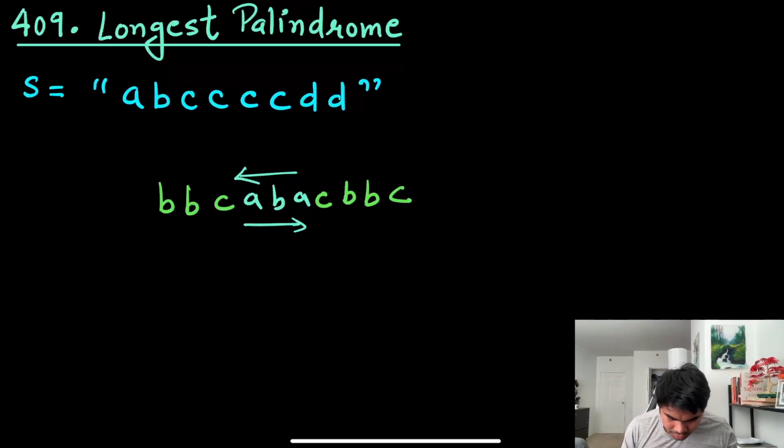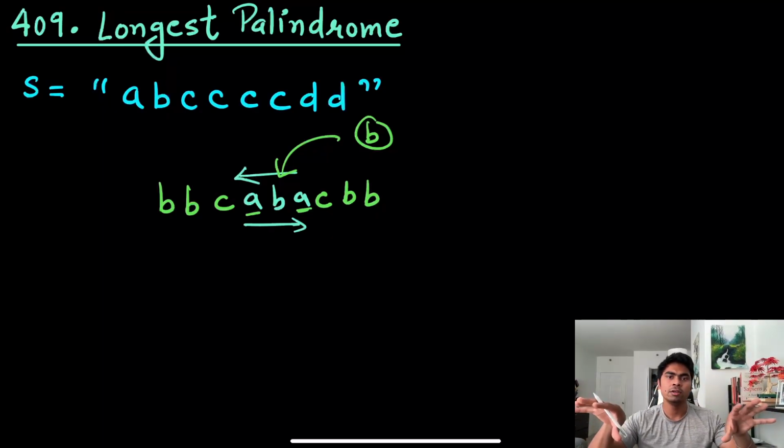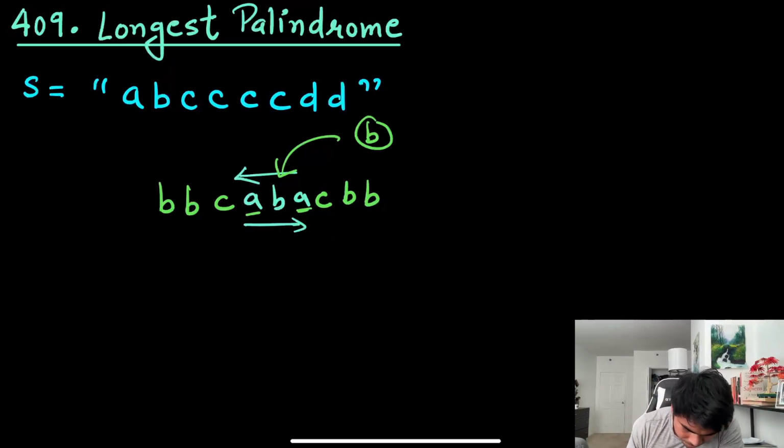So if you are noticing, what's really happening is, except the middle character, which is B here, all these characters are going to appear an even number of times, so that you can place one character to the left and another to the right, equally distant from the middle. Remember, if the length of the palindrome is even, then there won't be any middle character.